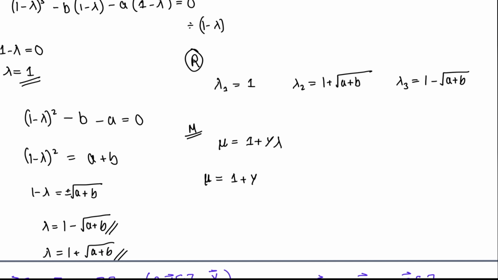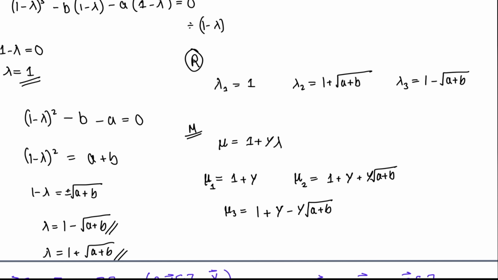Sorry, mu is equal to 1 plus gamma lambda, is what I meant to say. So this would be mu1, which is 1. Mu2 would be 1 plus gamma root A plus B.